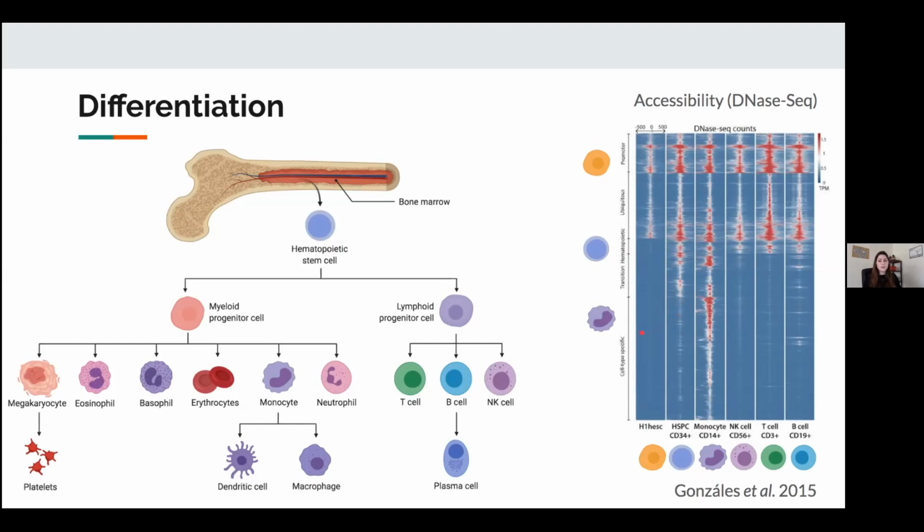And this helps you track the regulatory elements and the genes that are responsible for all of these transitions. And they did this by doing an assay called DNase-seq, which is very similar to ATAC-seq in terms of what the outcome will be. So the outcome will be, you will assay the areas of the genome that have higher accessibility.